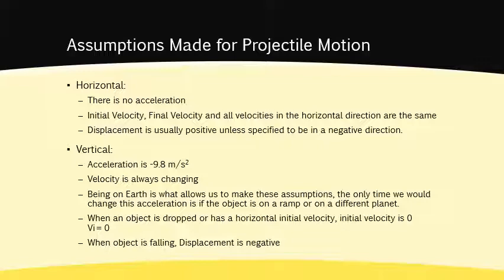So simply put, initial velocity is going to be equal to final velocity, whatever that initial velocity is. Displacement is usually positive unless it's specified to be in a negative direction. So when it asks how far away or anything like that, that number is usually going to be positive.